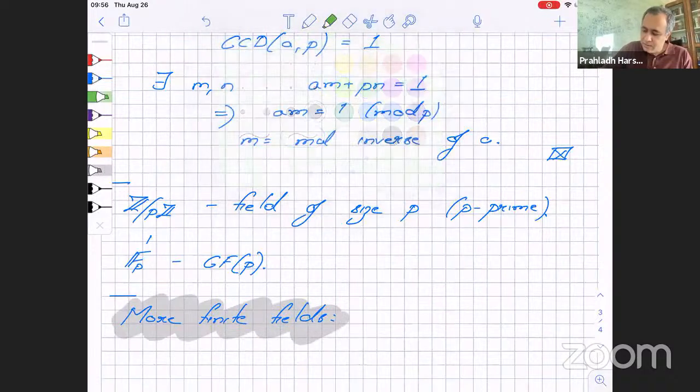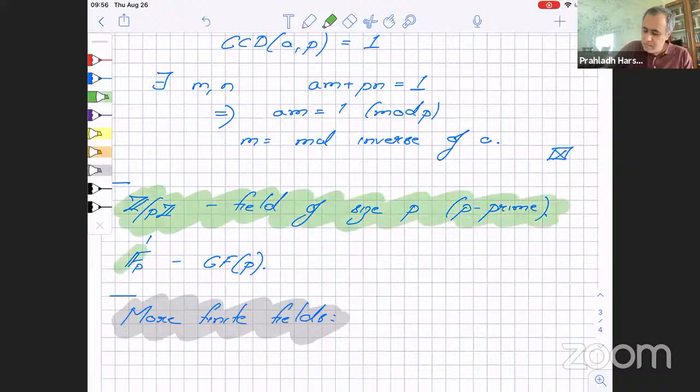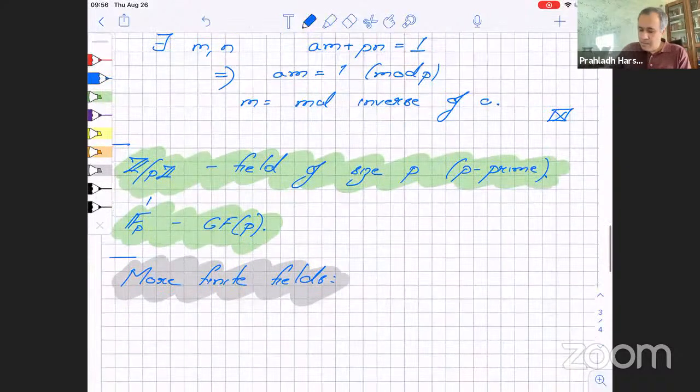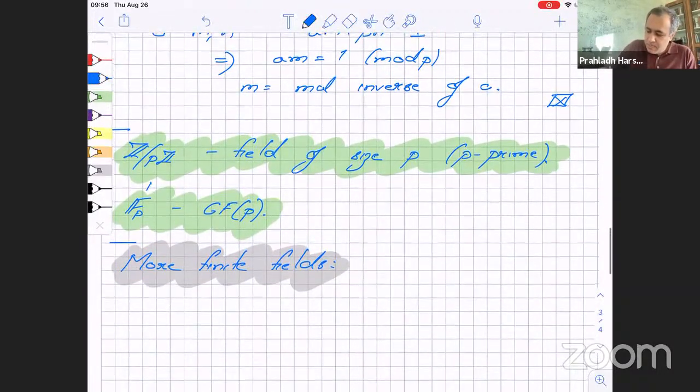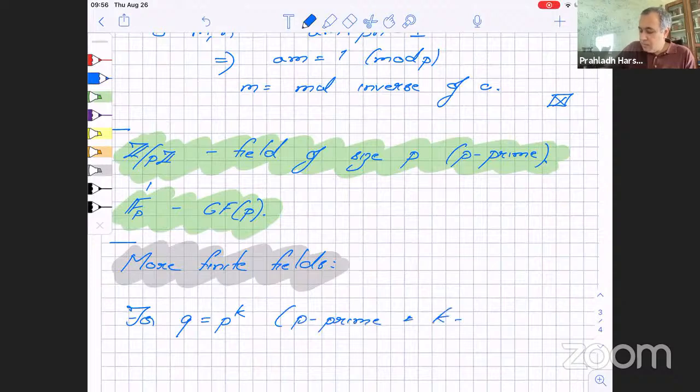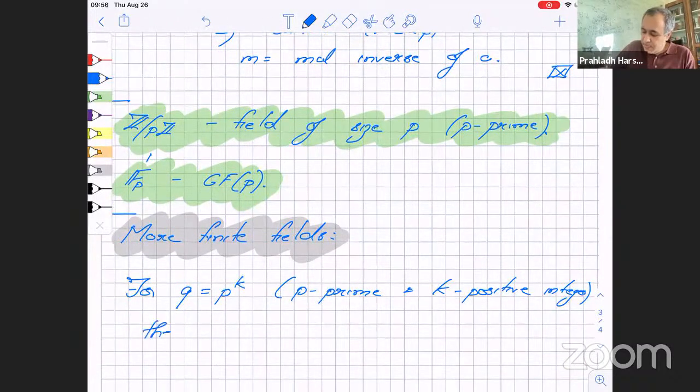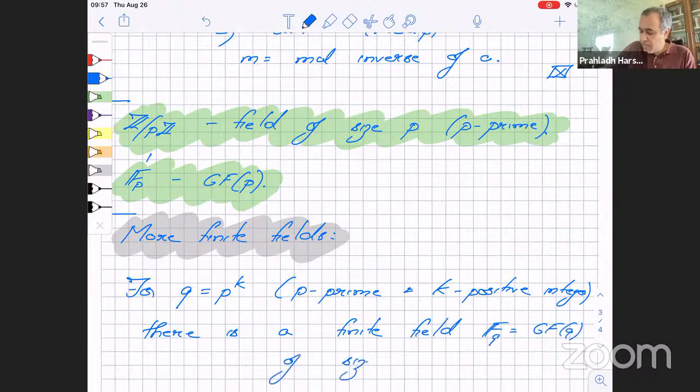What we have seen so far are finite fields. In fact, I want to claim that not just for every prime, but for every prime power, for every q of the form p to the k, where p is prime and k is a positive integer, there is a finite field F_q, which we could call GF(q), of size exactly q.